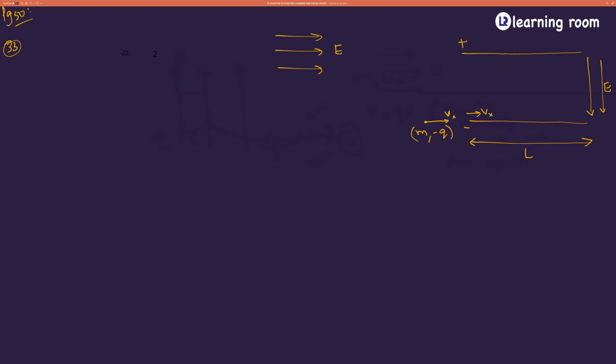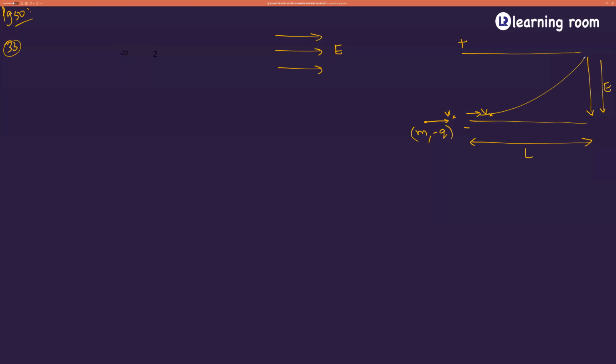It will take a parabolic path. The parabolic path would either be in the upward direction or in the downward direction. In this scenario, how will it go? It would have gone in the downward direction had it been a positive charge. Here it is a negative charge. What will happen is I released it at the negative end, so it will repel due to the negative charge and it will take this kind of path.